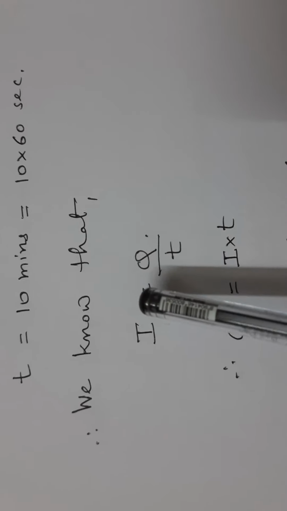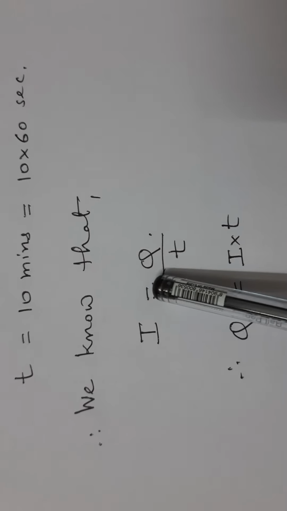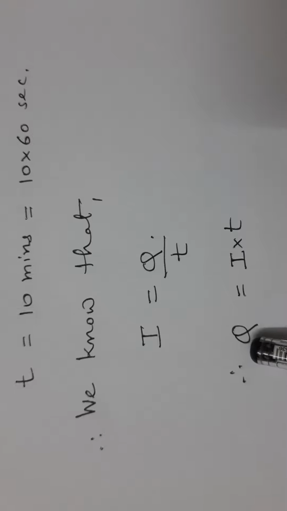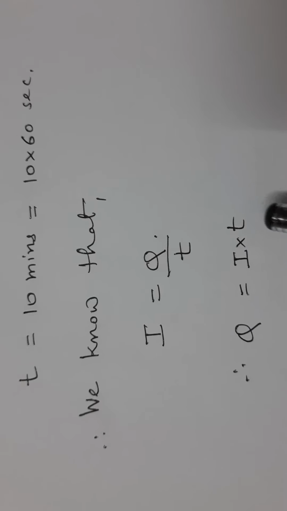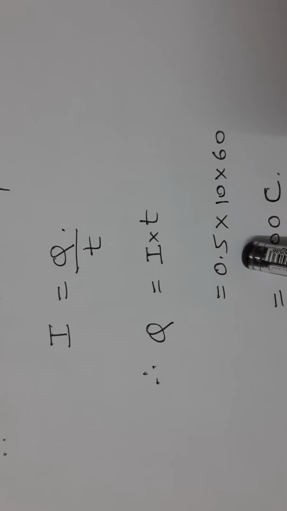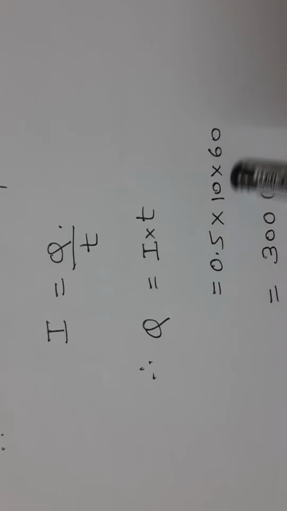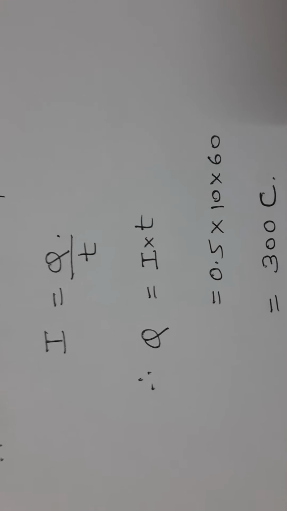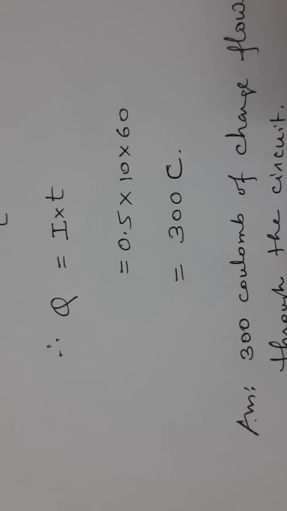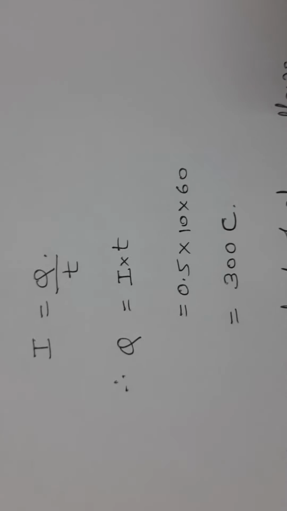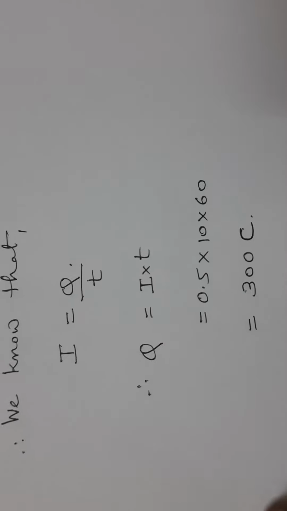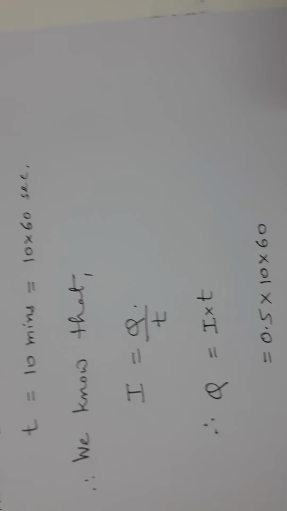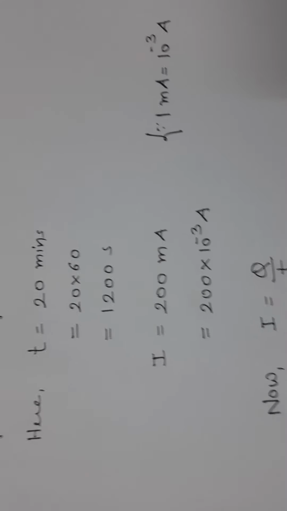Because we want to find out charge, we want to find out Q. So Q is equal to I into T. And that's why it comes to 0.5 into 10 into 60. If we simplify this, it comes to 300 coulomb. So 300 coulomb of charge flows through the circuit. Very simple example it is. Do remember, it may be asked for 1 mark. So you should remember that.